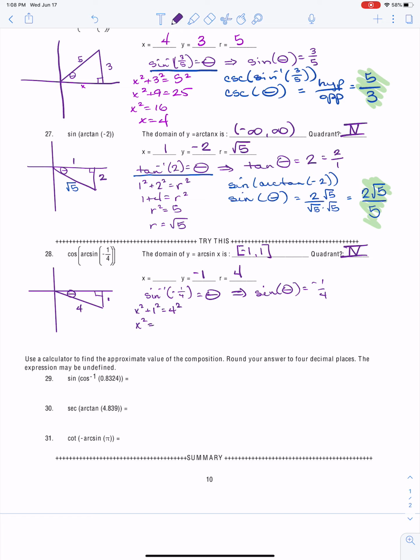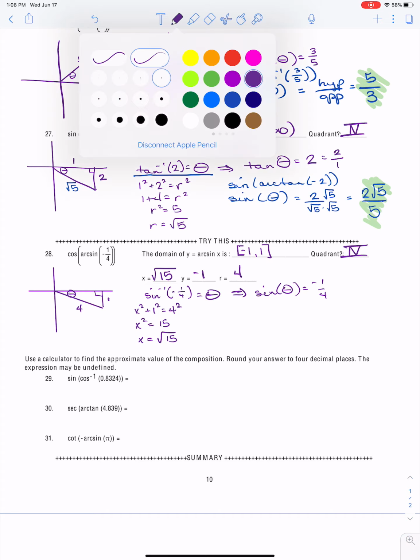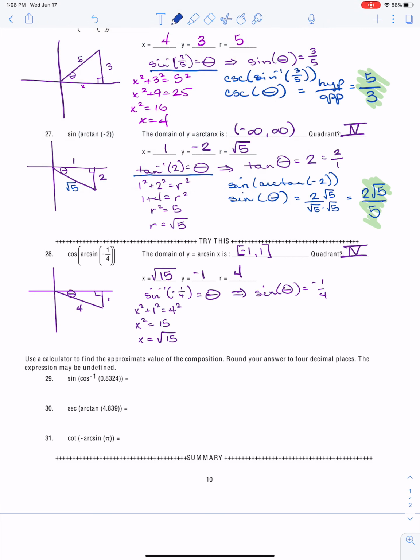I get x squared equals 15. So x is the square root of 15. We are not worried about changing that to a decimal at all. We prefer the exact form. And so let's go ahead and substitute that back in. I want the cosine of the arcsine of -1/4.